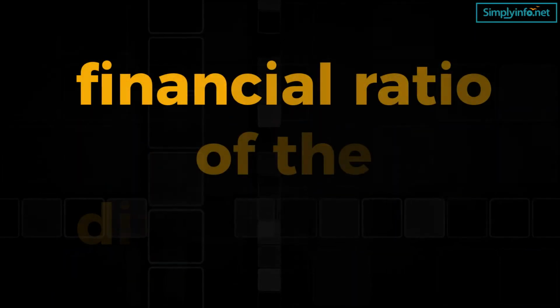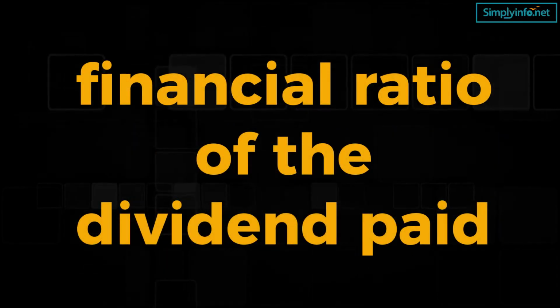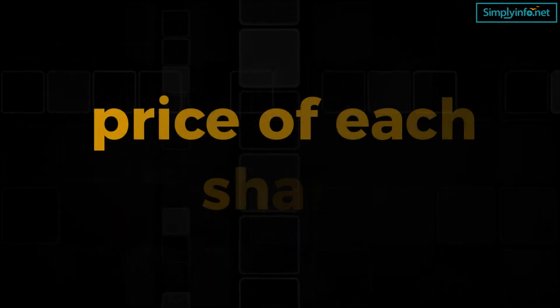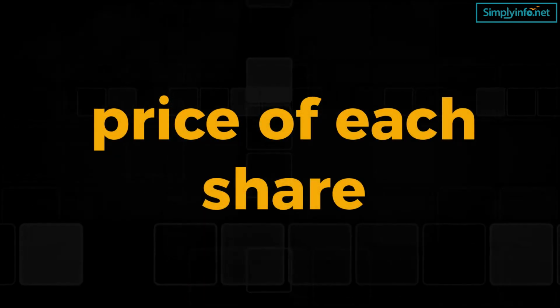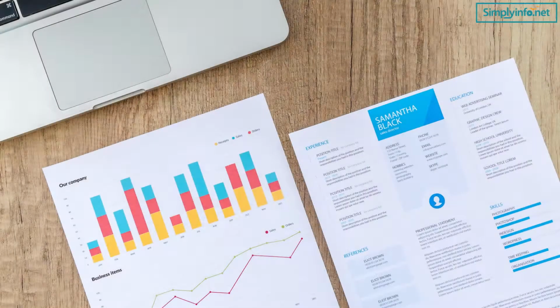Now let's look into dividend yield. The dividend yield is a financial ratio of the dividend paid and the price of each share and is expressed in percentage. This shows how much a company pays out as dividend each year relative to its stock price.